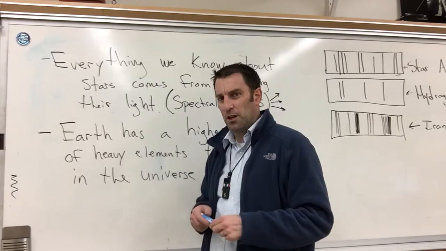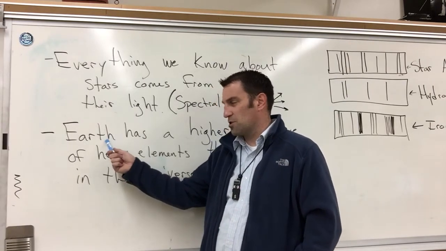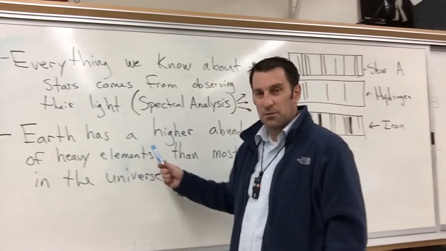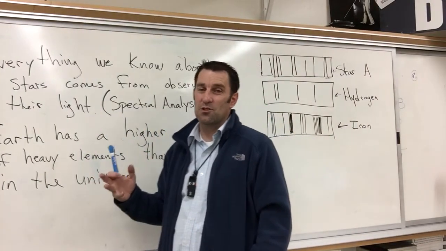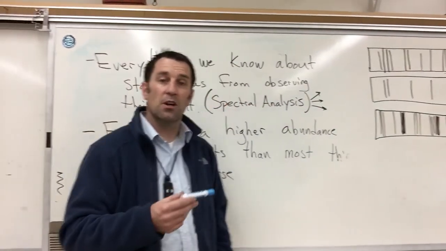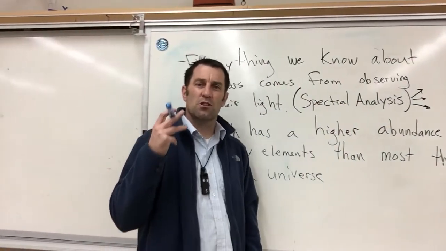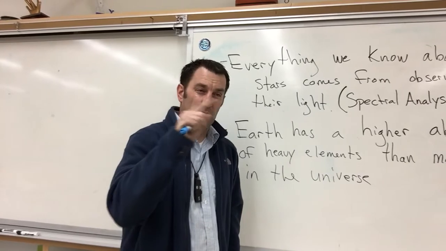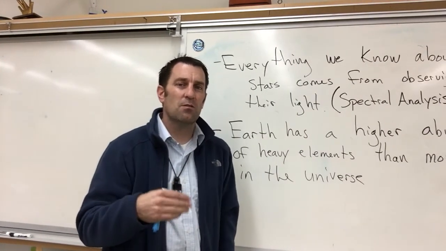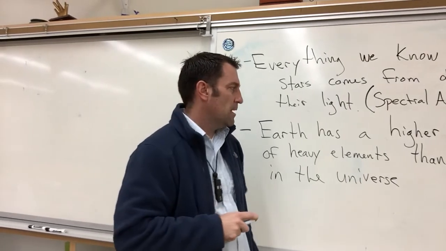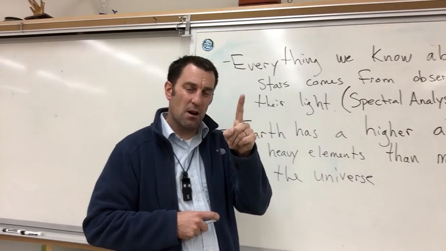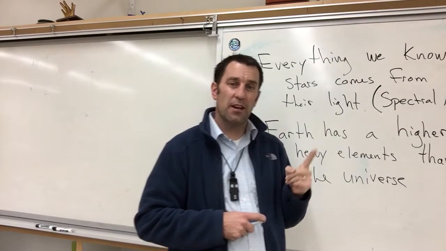Now, one little nugget of that, since Earth has lots of heavy elements, all these elements were created in stars. So we literally are just made out of star dust. When stars explode, those elements that are a little bit lighter are then forced together again to make the heavier elements. So a couple of nuggets here. Matter has a common origin in the universe, and we call that the Big Bang.